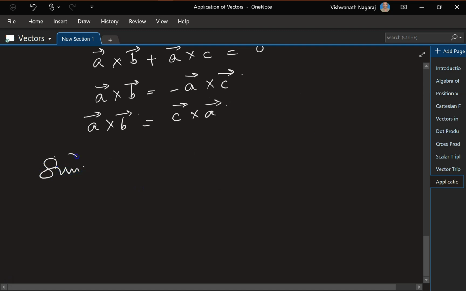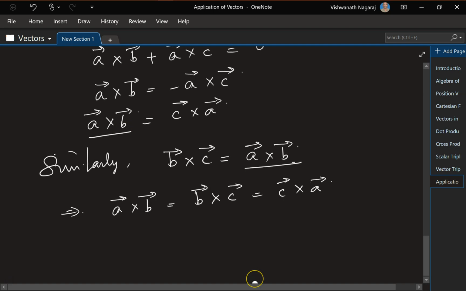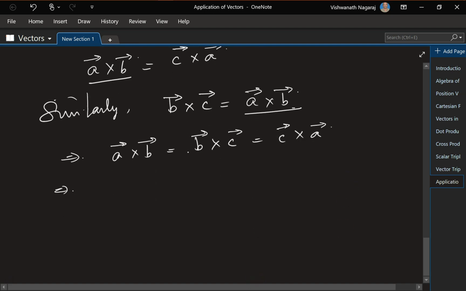Now similarly, we can show that B cross C is equal to A cross B. So which implies A cross B equal to B cross C equal to C cross A. Remember, these are cross products, so the result is vectors.